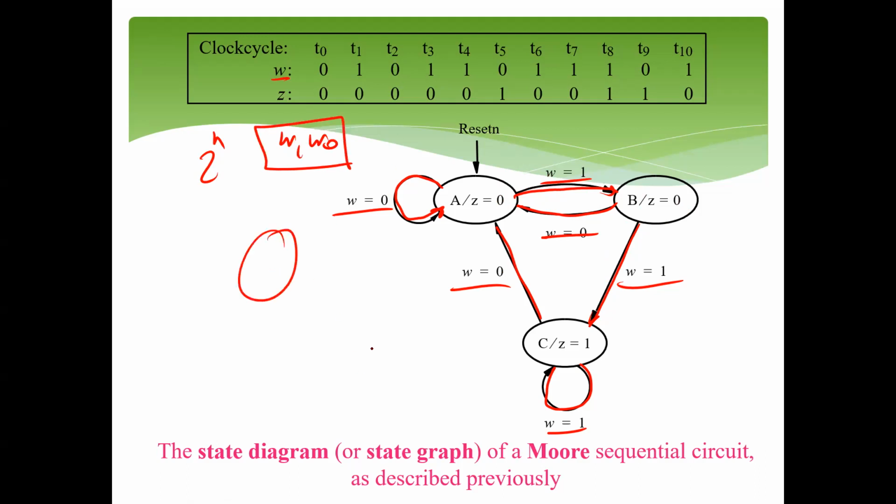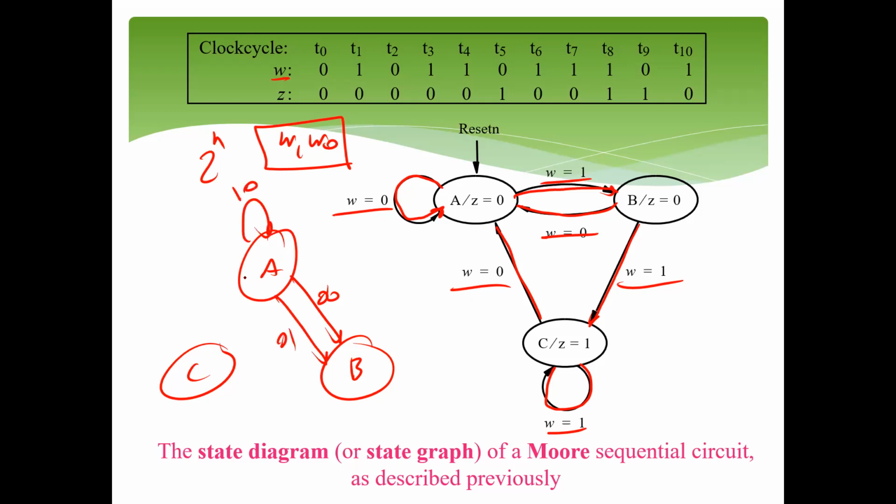So if you have three states in your circuit and you have two inputs, I should have 4 arrows going out of each state. So if I have 3 states A, B, C, I should get an arrow for 0 0, an arrow for 0 1, an arrow for 1 0, and an arrow for 1 1. Same for state B. State B should also have 4 arrows going out for each combination of the input. And the same applies for C.